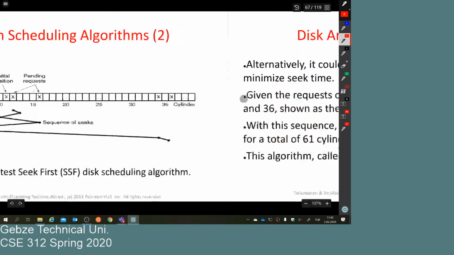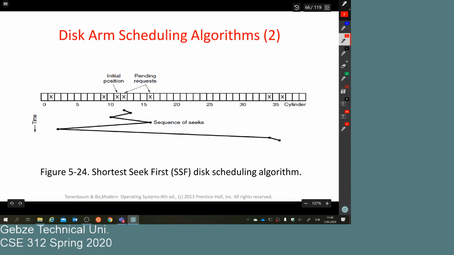There is a nice graph in the book. The book says I am at 11 first.